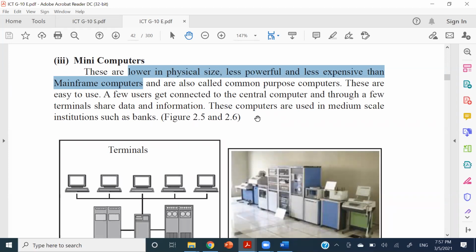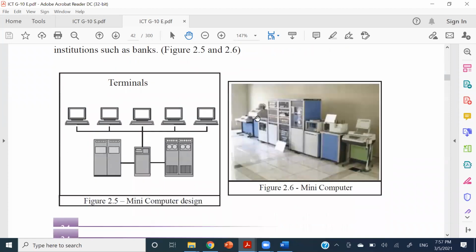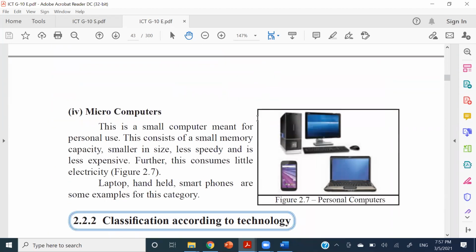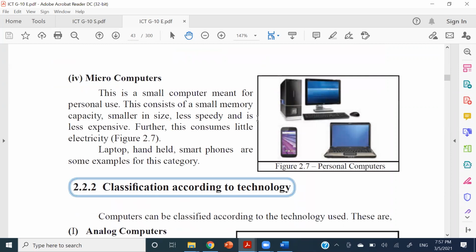Right. So people, if you are done, we are moving to write the things in the microcomputers as well. Put the subheading microcomputers.